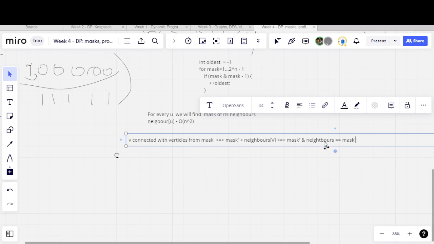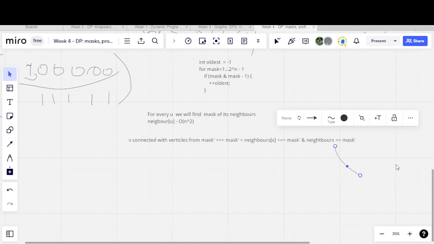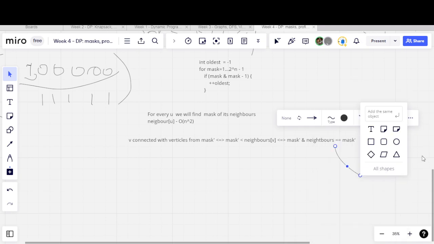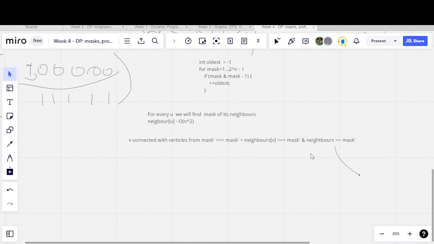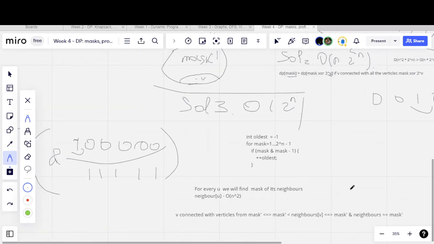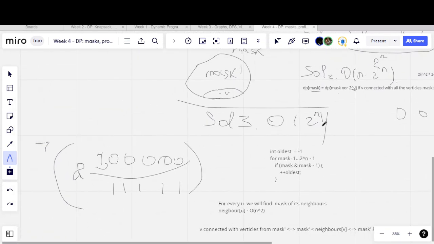Yes, it's true. No. And it will be all 2 to the power of n.